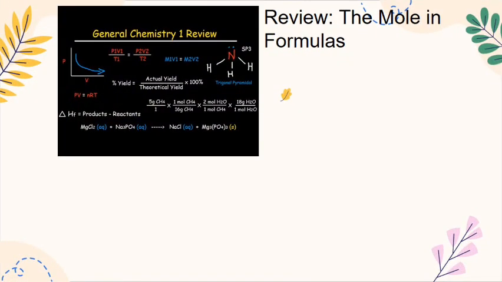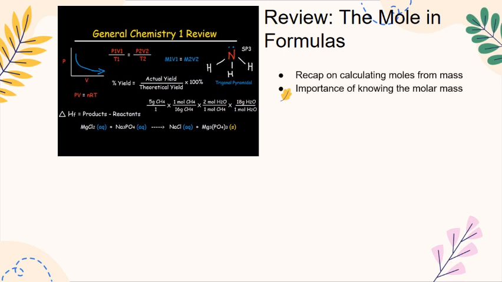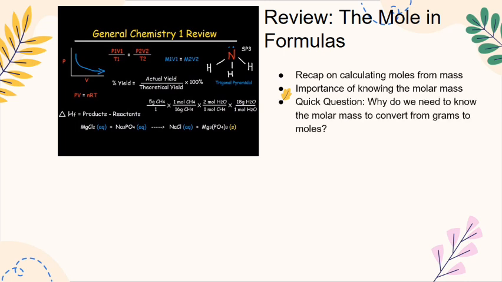Okay, so we have been able to look at calculations in mole. We have looked at moles from mass, the importance of knowing the molar mass. We've also considered so many other aspects of mole calculations. Now, why do you need to know the molar mass to convert from grams to mole?